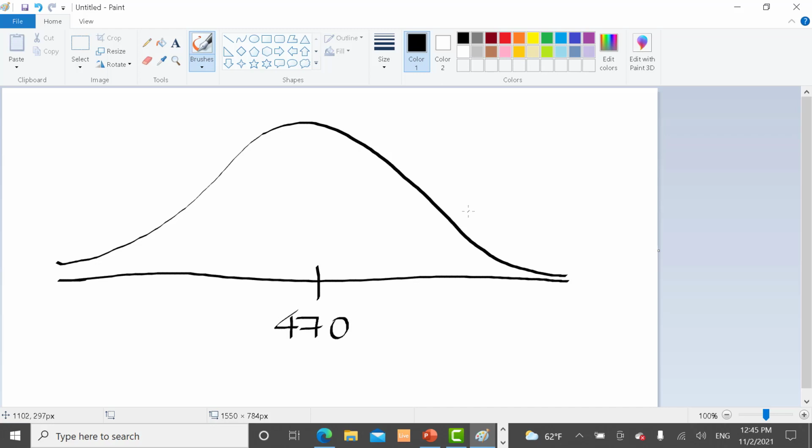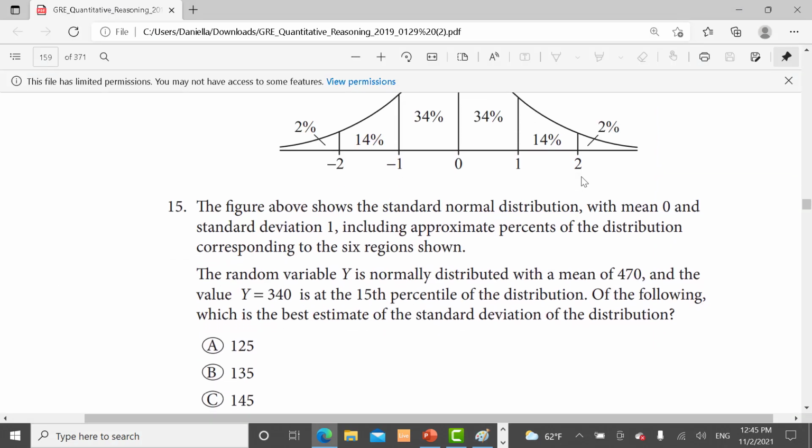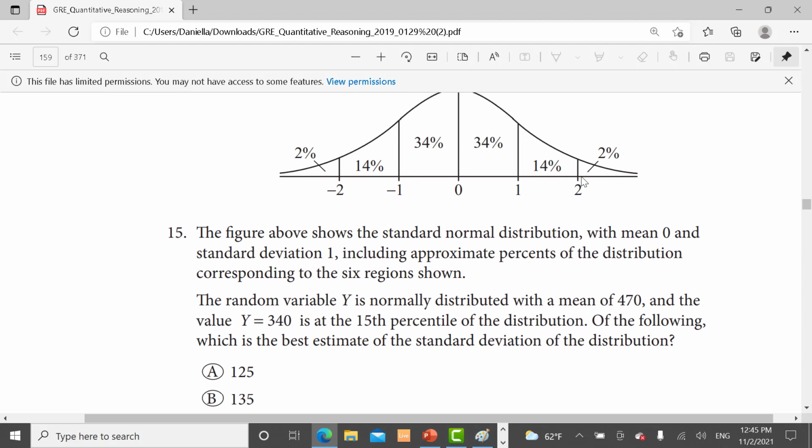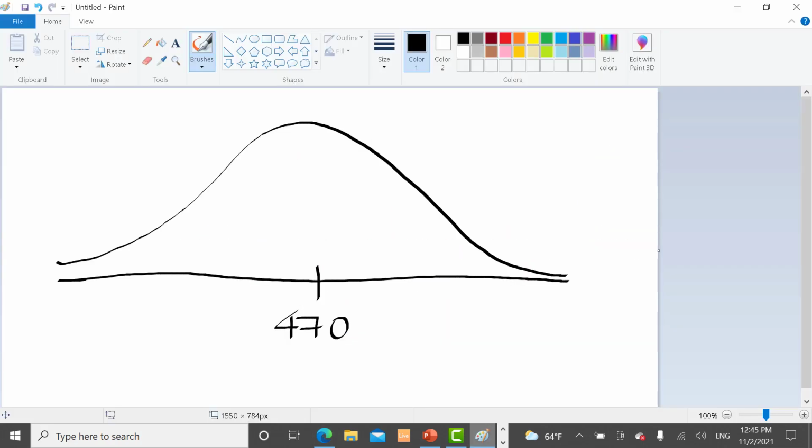See that? 470. And the value of 340 is at the 15th percentile. The 15th percentile means it's a point that separates the lowest 15% and the upper 85%. So, and it's 340.